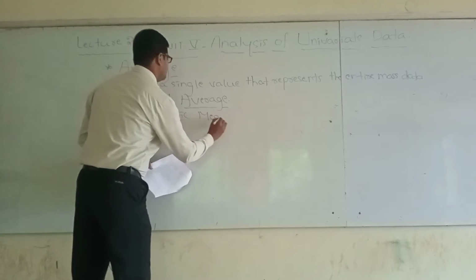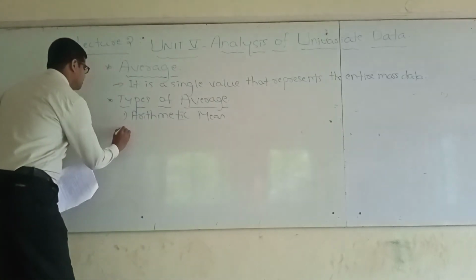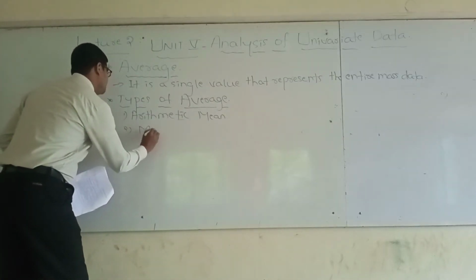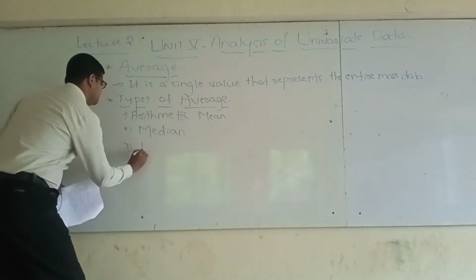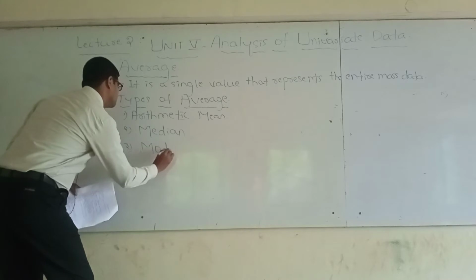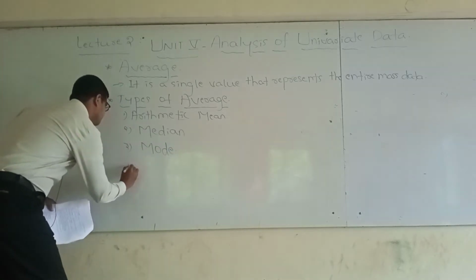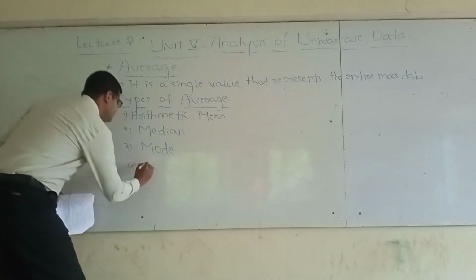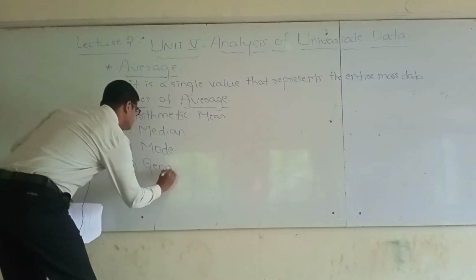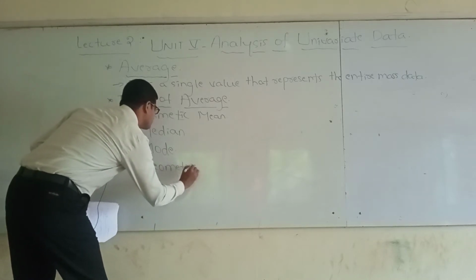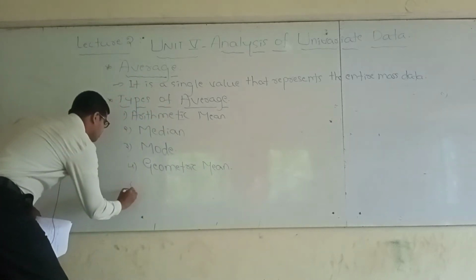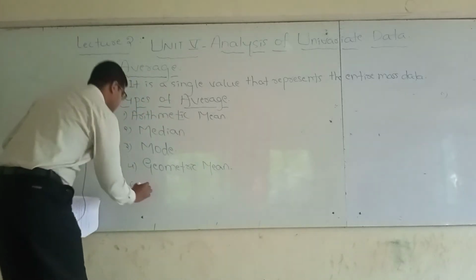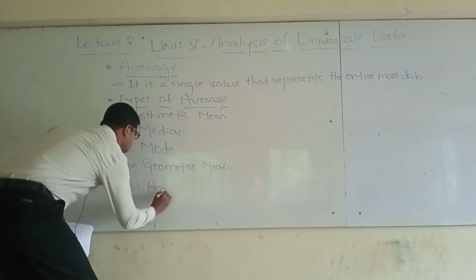Number 2, median. Number 3, mode. Number 4, geometric mean. Lastly, number 5, harmonic mean.